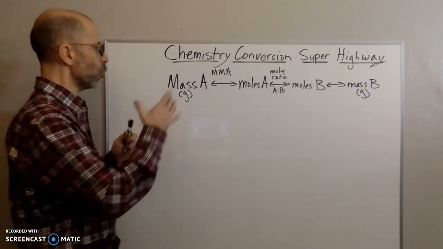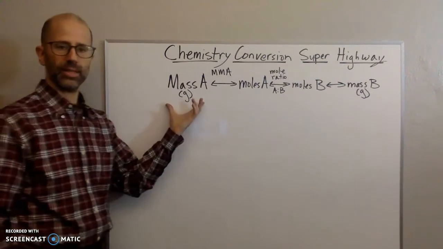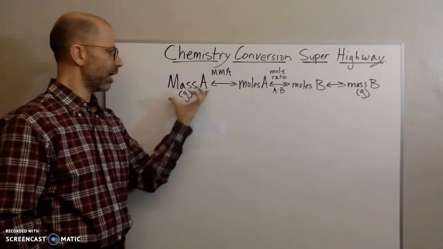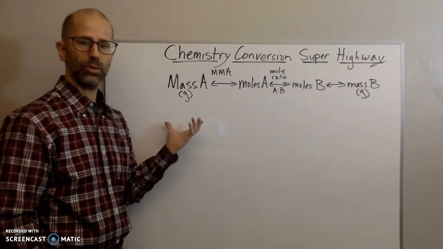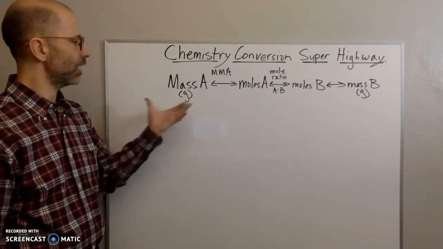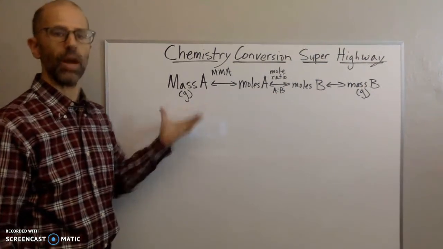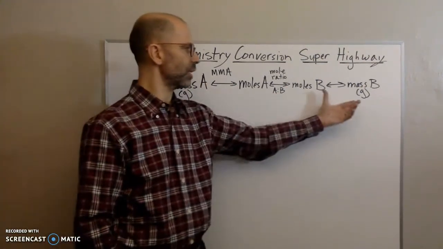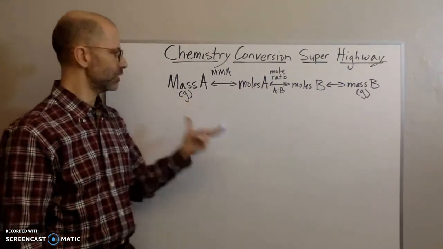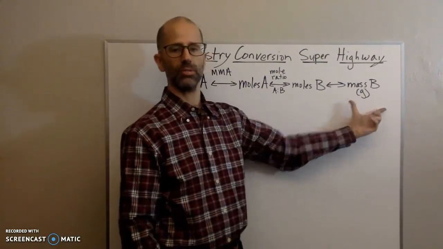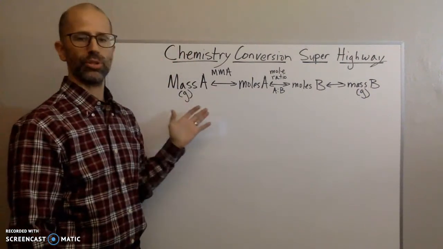So when you are given a mass of some substance A, you may be asked to get the mass of some other substance, and we'll call that B. In order to go from mass of A to mass of B, you've got to go through some steps.